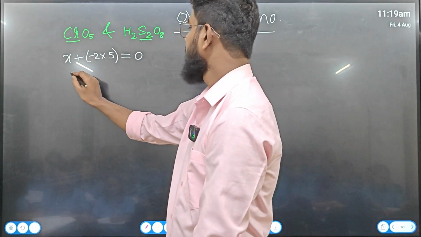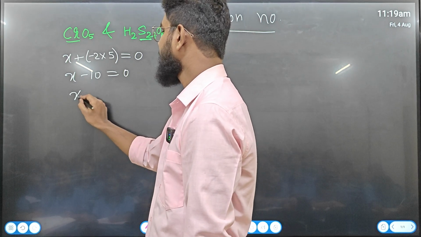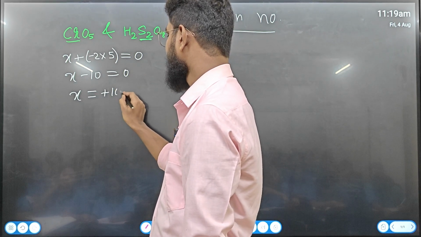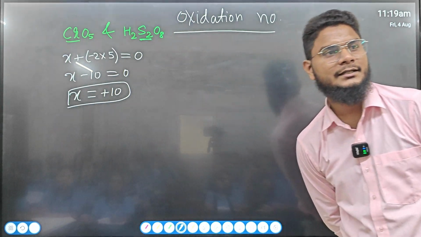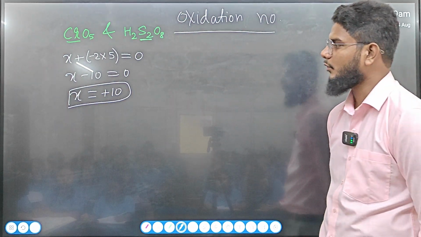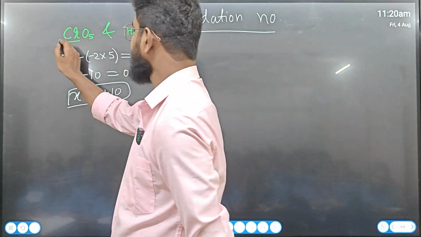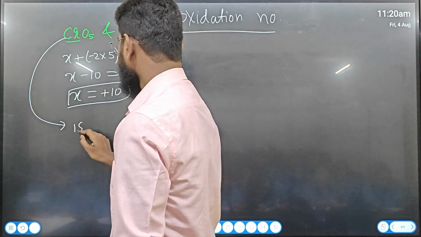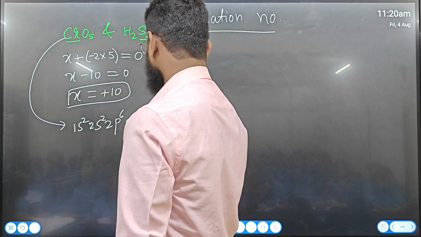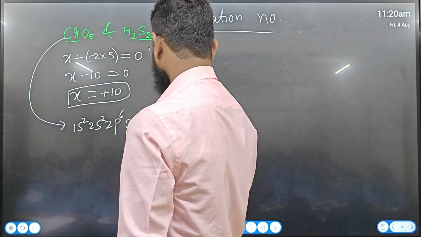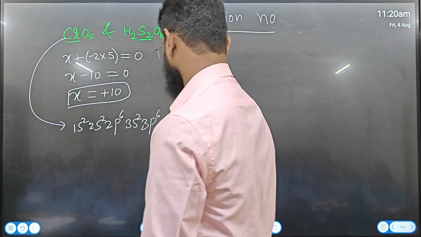X - 10 equals 0, so X is equal to +10. Is it possible for chromium to have oxidation state +10? No, because the configuration is 1s2, 2s2, 2p6, 3s2, 3p6, 4s1, 3d5.